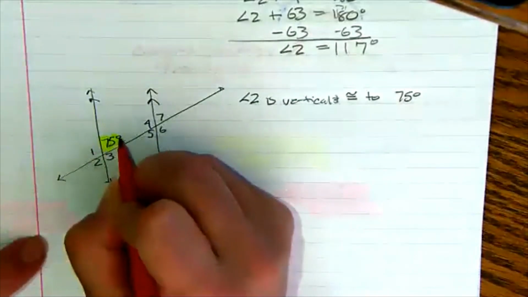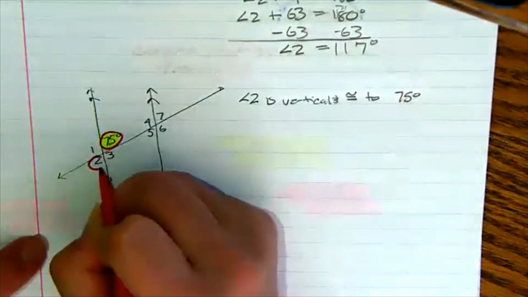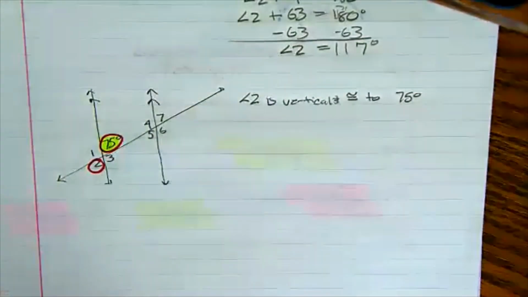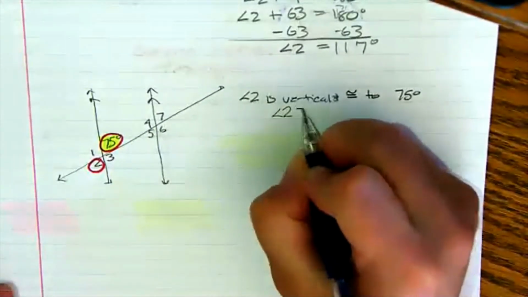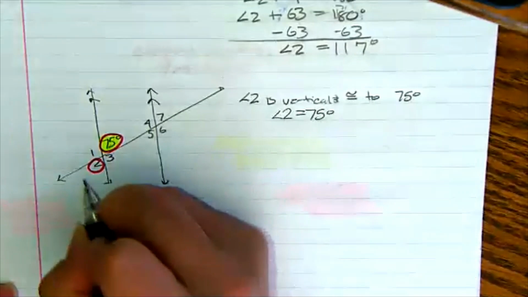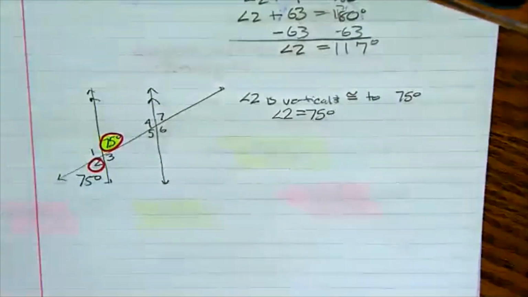These are vertical congruent angles. Therefore, angle 2 is equal to 75 degrees. Okay?